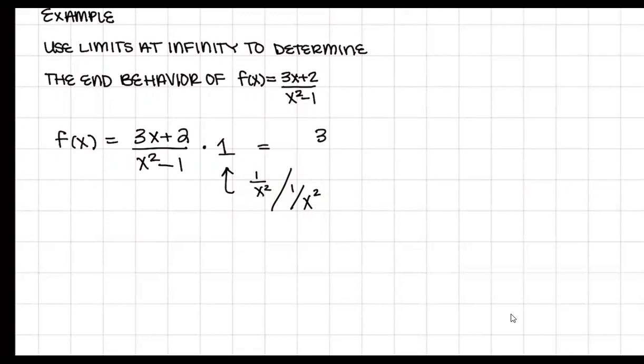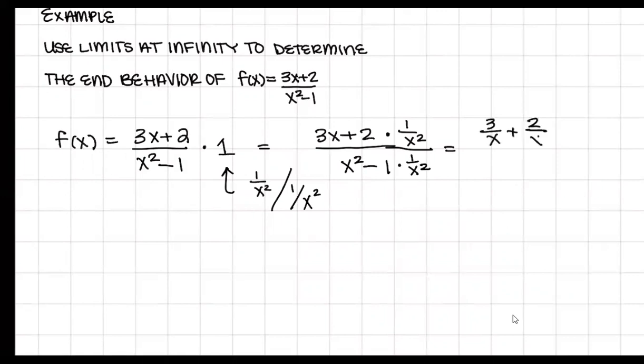So I've got 3x plus 2 times 1 over x squared divided by x squared minus 1 times 1 over x squared. We can distribute that in, and we get 3 divided by x plus 2 divided by x squared all over 1 minus 1 divided by x squared.